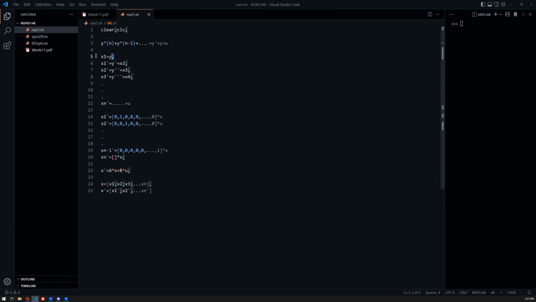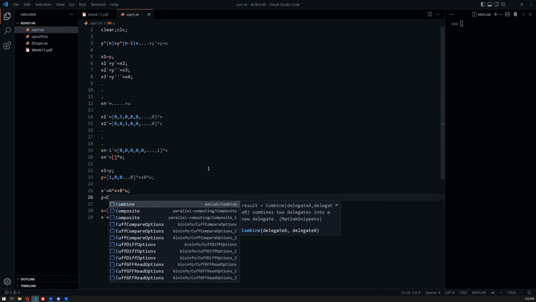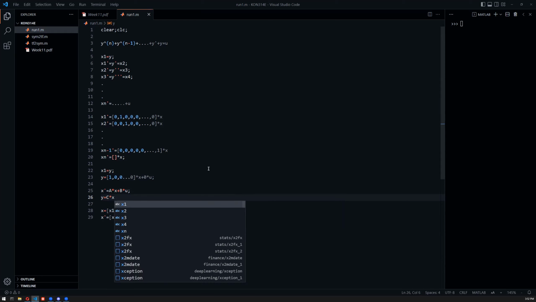And the reason for that is, since we have a vector, and since x1 is equal to y, what we can do is we can generalize this as 1, 0, 0, dot, dot, dot, 0 times x plus 0u. For this special case, this would be the output equation, 1, 0, 0, 0, 0 times x, because this will generate x1, and we don't add any input at all. But the general notation then becomes y equals Cx plus Du.